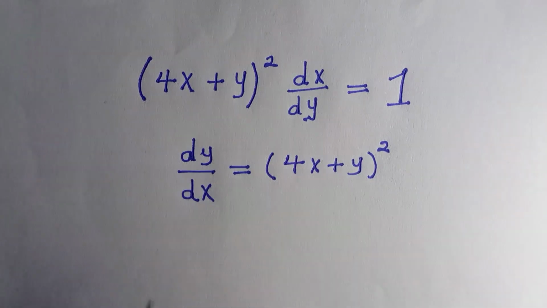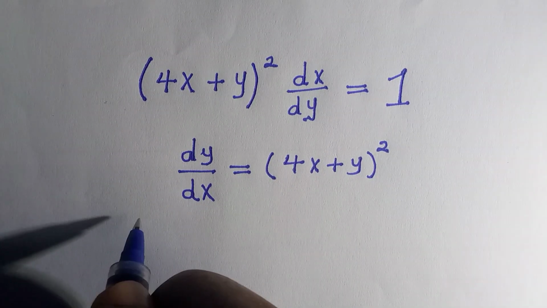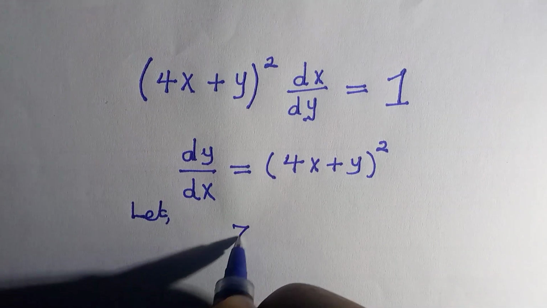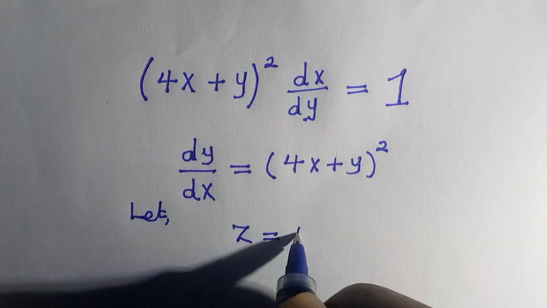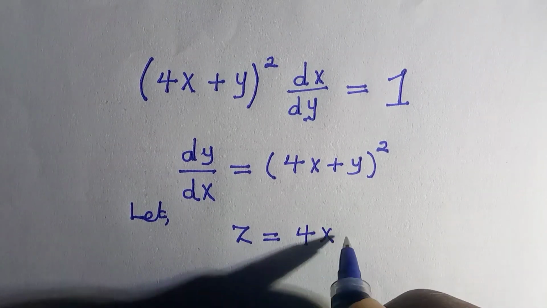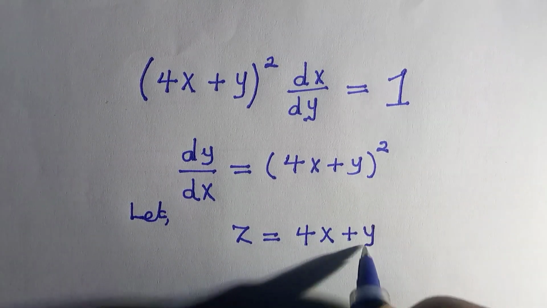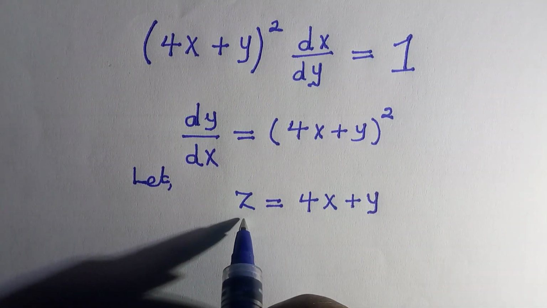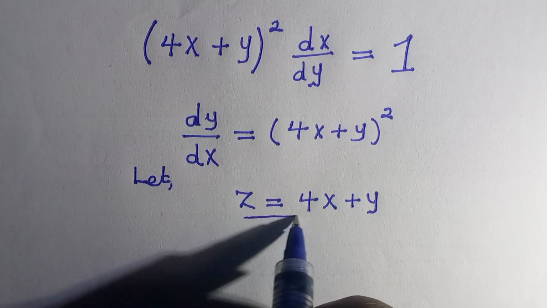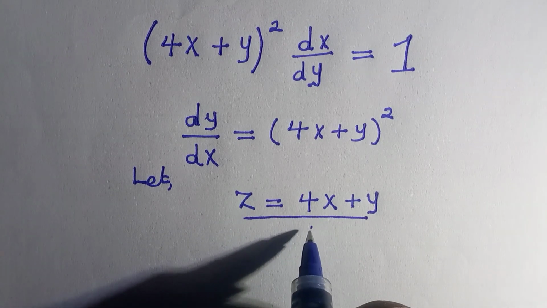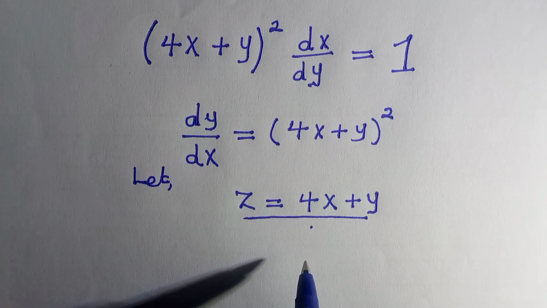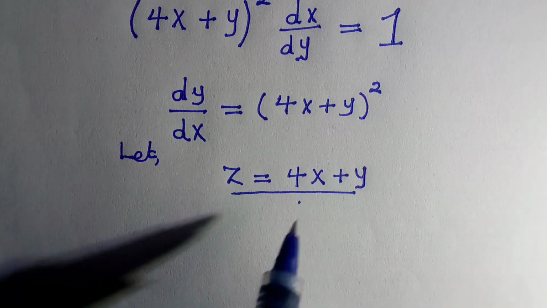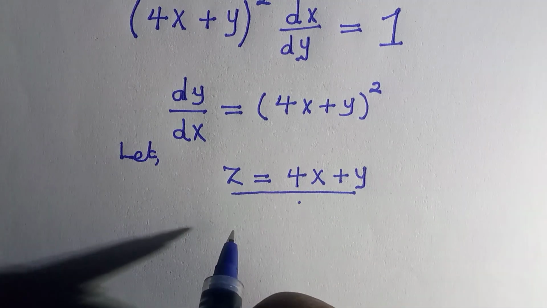But the best way to do it is we let the one in the bracket be z. So z equals 4x plus y, and for this we have z, x, and y. So we are going to differentiate with respect to x. This is more of a PDE, partial differential equation, where we differentiate with respect to x.